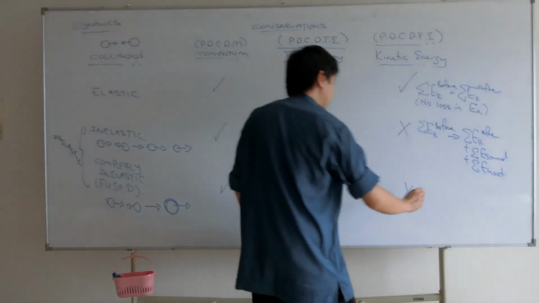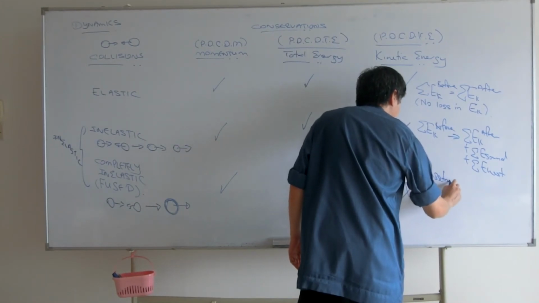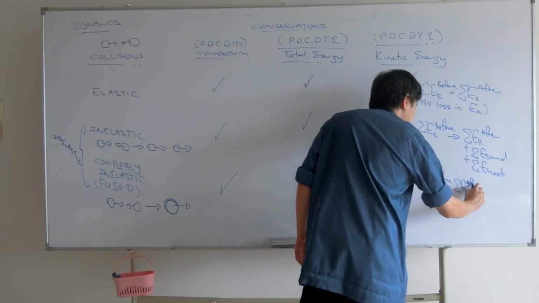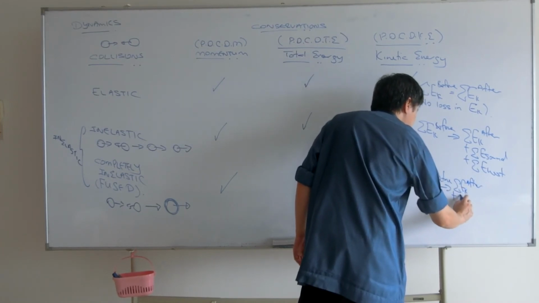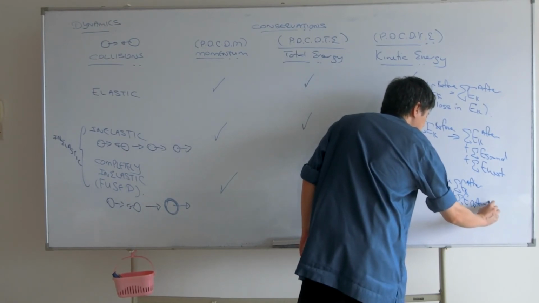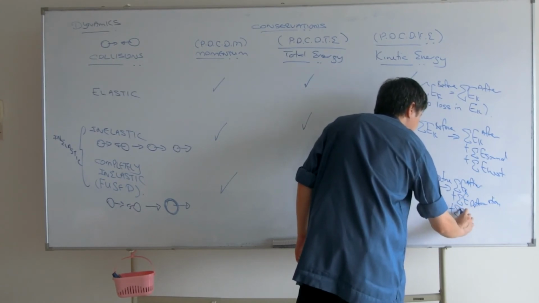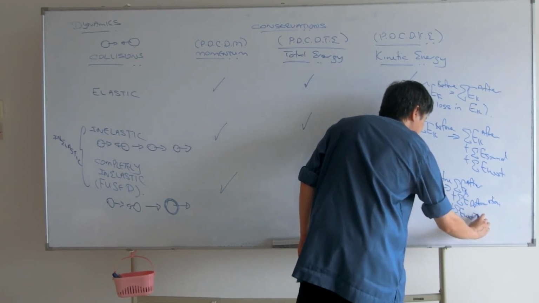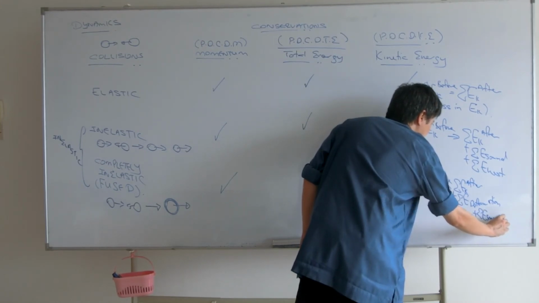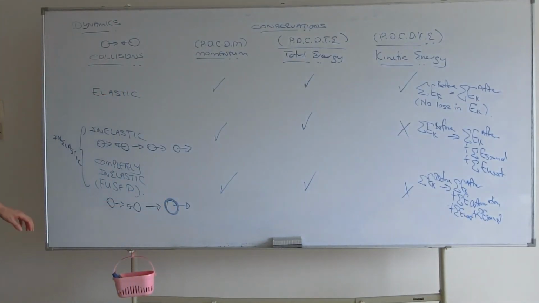What happens there? EK before, yes, the majority is still EK after. But there's another major energy change, which is the deformation energy, the energy used for deformation. And then after that, plus heat and sound. I'm going a bit deeper in this case, just to help you understand what exactly is happening.